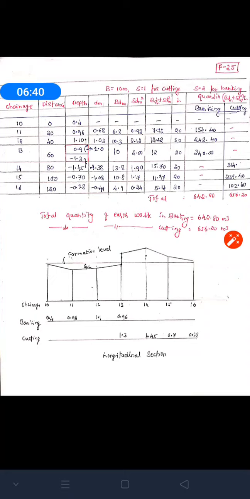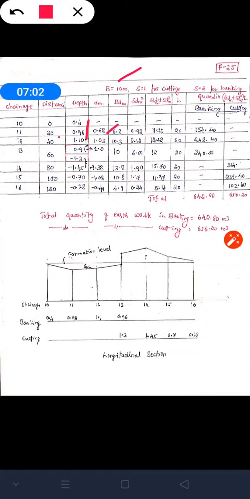Then when we move on to the second chainage, that is chainage 20, we got the depth is 0.96. Then average of these two we got 0.68. In order to find out the area of mid portion, b equals 10 here. So 0.68 into 10, we got 6.8 here.